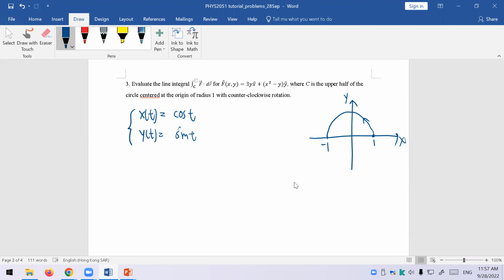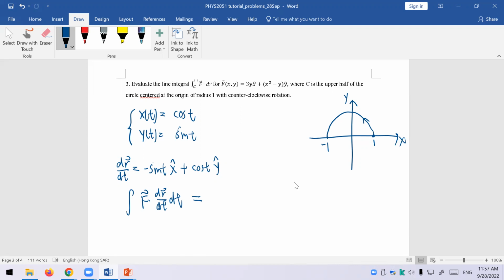So then if you want to find again the dr dt, that means it's the d cosine dt x hat, which is the minus sine t x hat, right, plus cosine t y hat. Okay. So now my line integral becomes, okay, I forgot the limit.